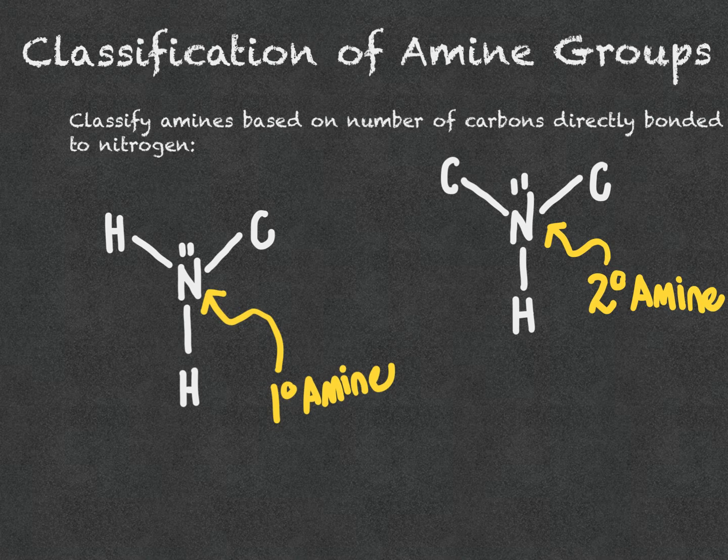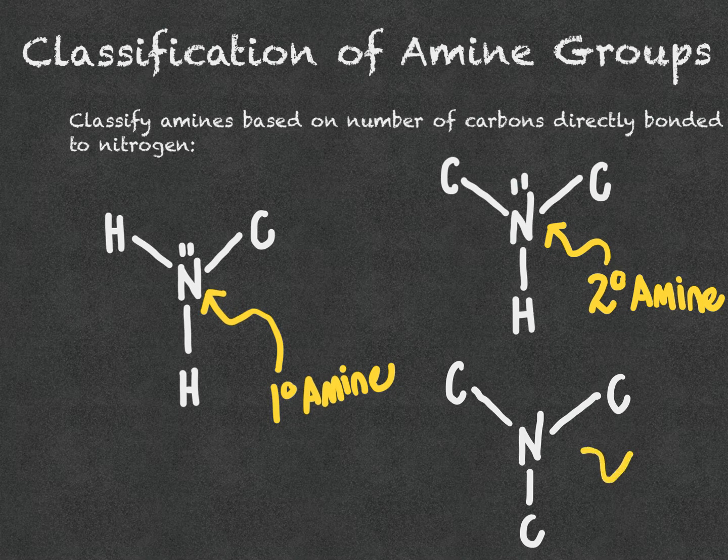Finally, an amine in which we have a nitrogen atom directly connected to 3 carbon atoms and no hydrogens will be referred to as a tertiary amine. We will use this language to describe these molecules, and in some cases, the reactions that these are capable of undergoing and their physical properties will be determined by whether they are primary, secondary, or tertiary.